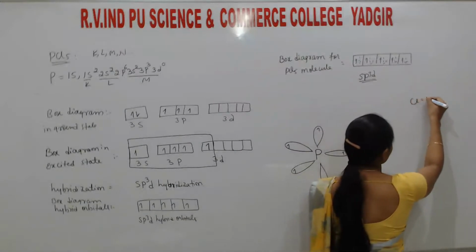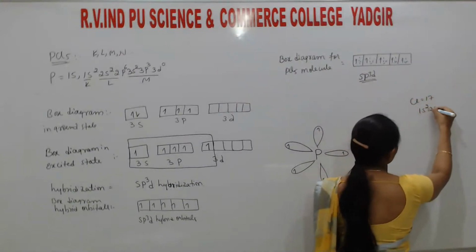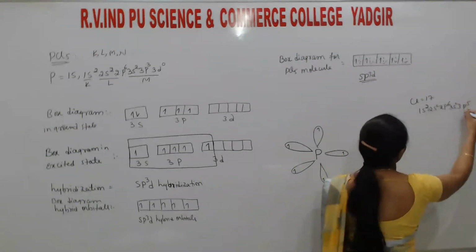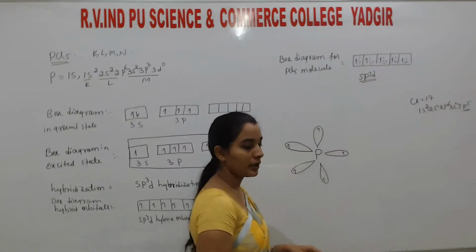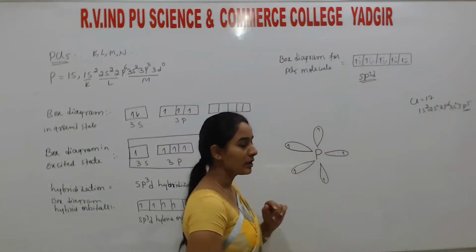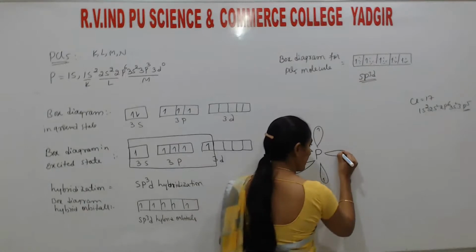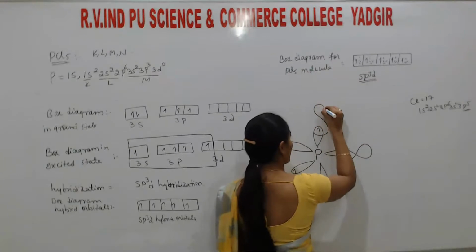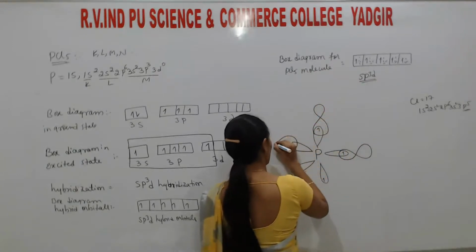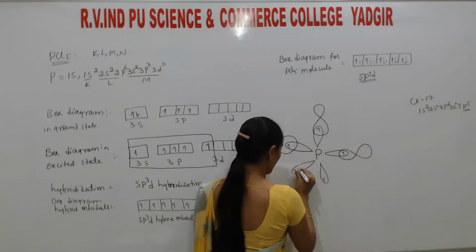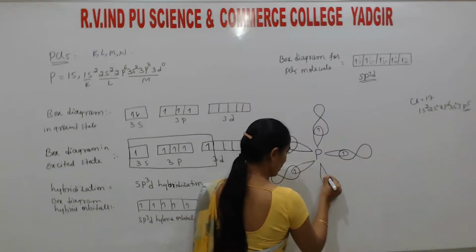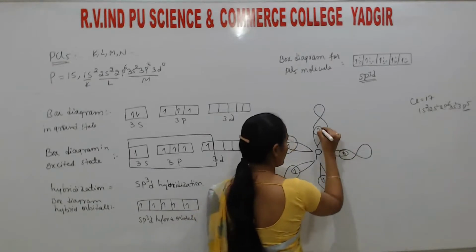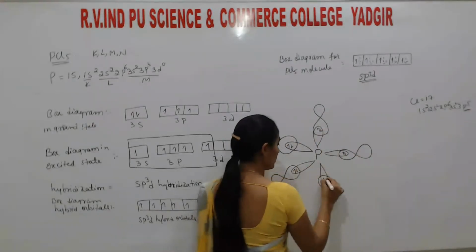Cl, of course, has atomic number 17: 1s2, 2s2, 2p6, 3s2, 3p5. The last electron is in a p orbital. The shape of the p orbital is a double lobe shape. When they get bonded, the electrons get paired up.